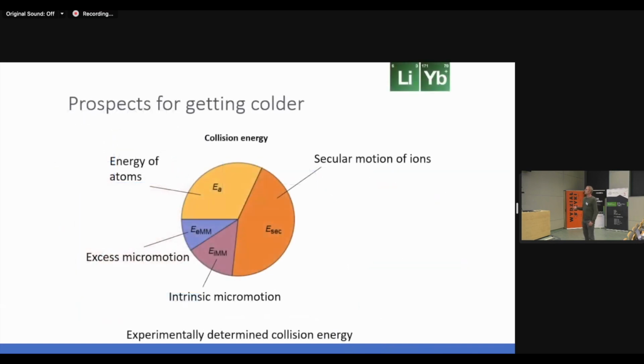So this is the collision energy that we measured in our experiment. You see that a lot of the energy is still in the secular motion of the ion. And also the energy of the atoms is quite large. Then there's also the micromotion, which is about 1/4 of the energy, let's say.